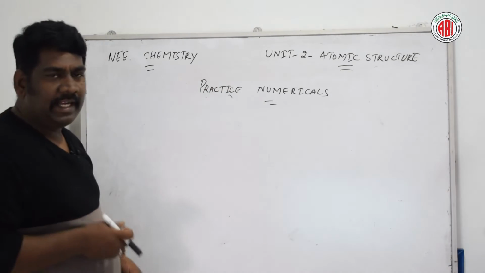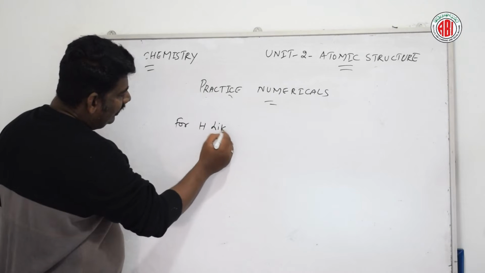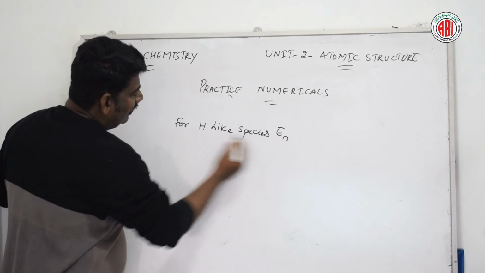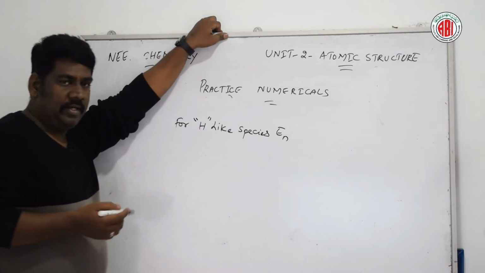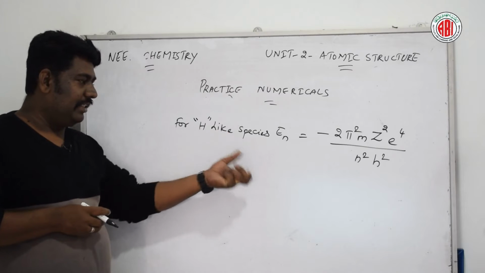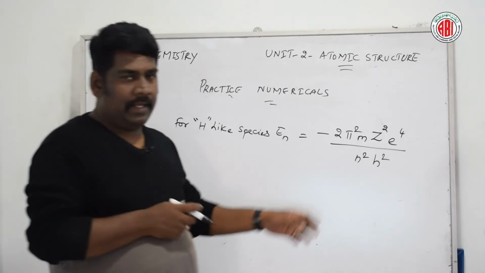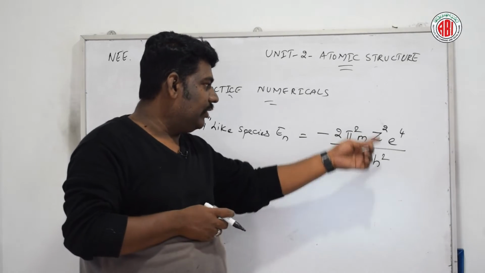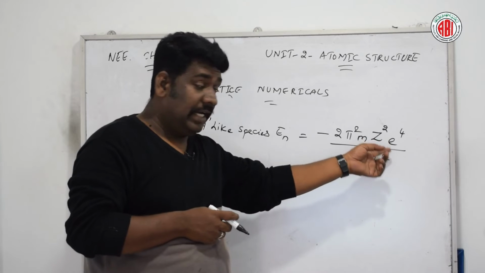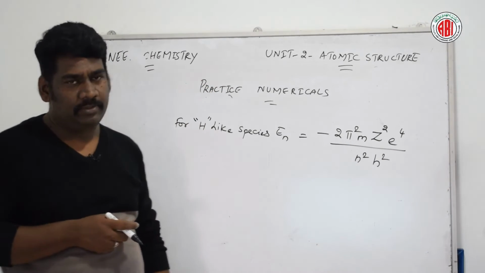So for hydrogen like species energy, En, we are going to follow a small formula, that is minus 2 pi square m z square e to the power of 4 divided by n square into h square.